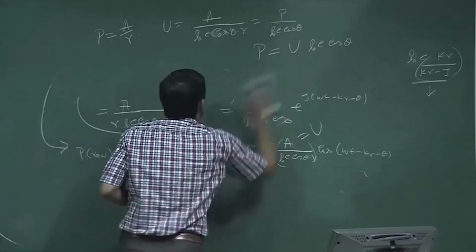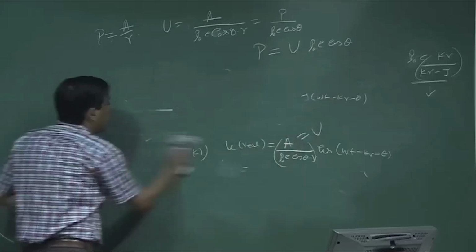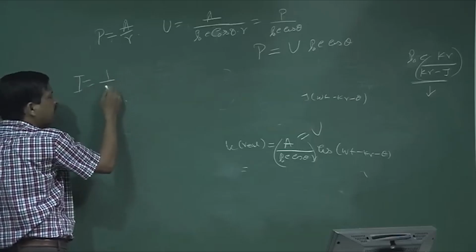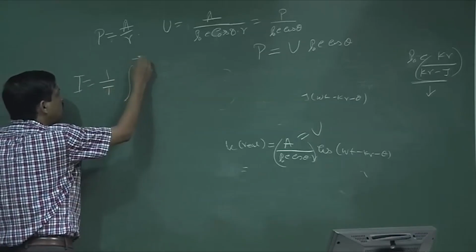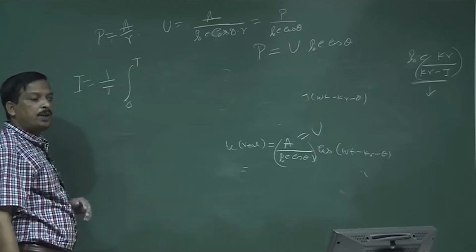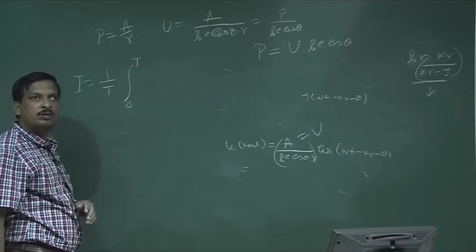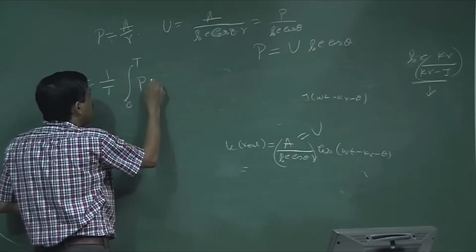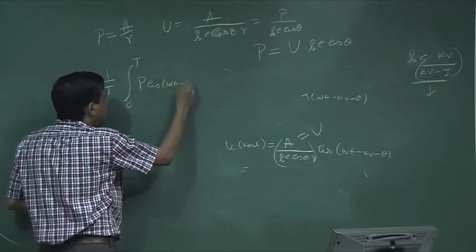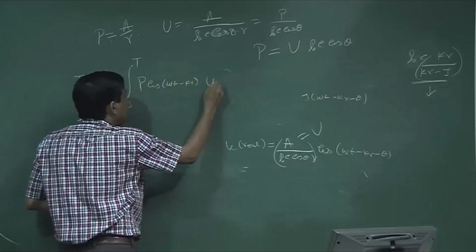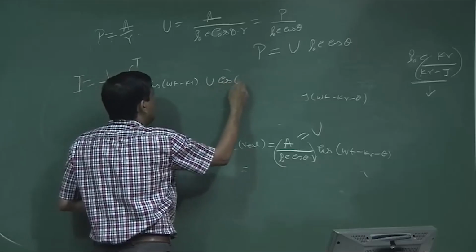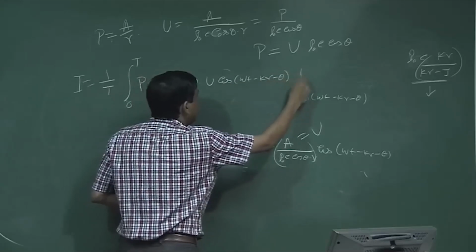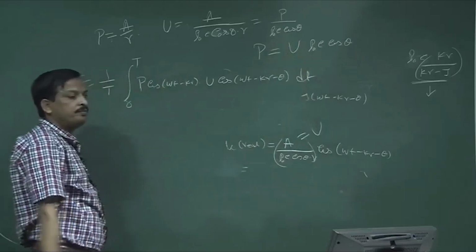Now, what is I? What is the intensity of the wave? The intensity of the wave I is nothing but the time average, 0 to T, of pressure into velocity. So, what is pressure? Pressure is capital P cos(omega t minus k r) into capital U cos(omega t minus k r minus theta) dt.